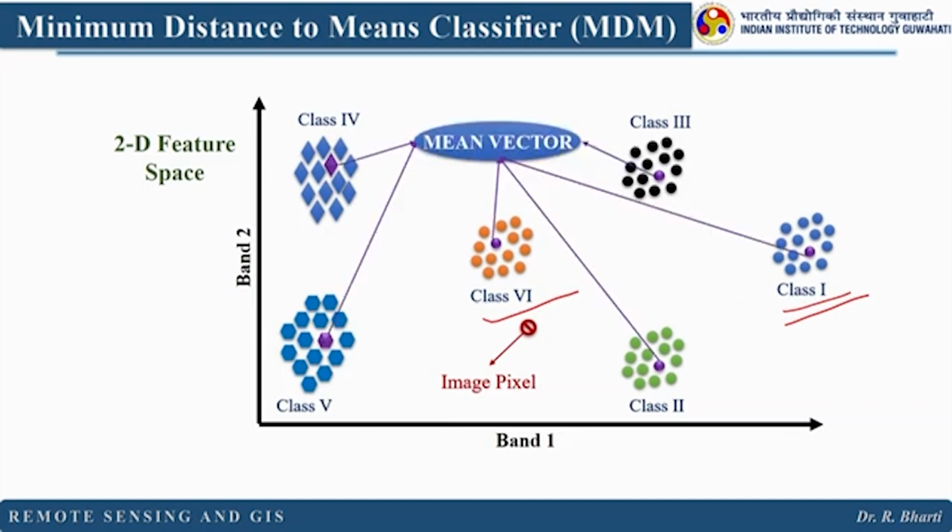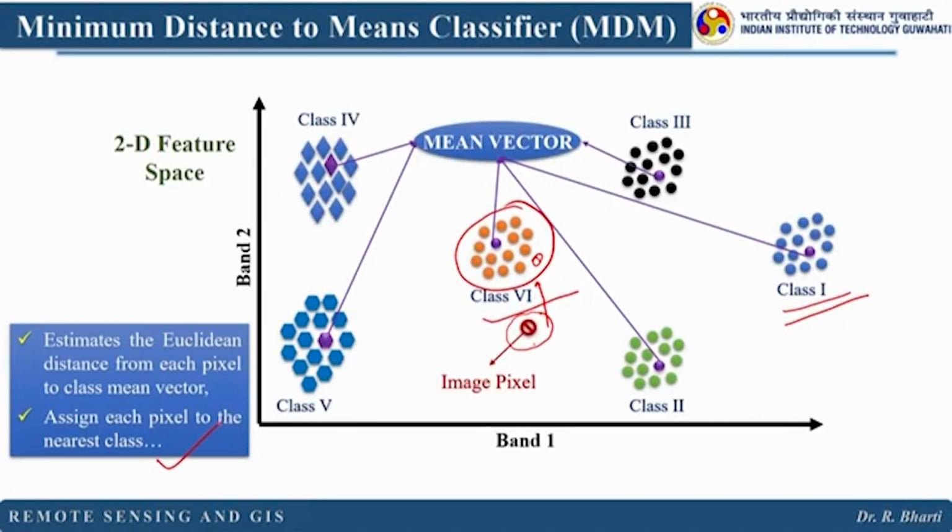So what we will do? We will calculate the Euclidean distance, and then we will assign this unknown pixel to the nearest class. So in this case, maybe this class is actually the nearer one, right? So we assign this pixel to this class.